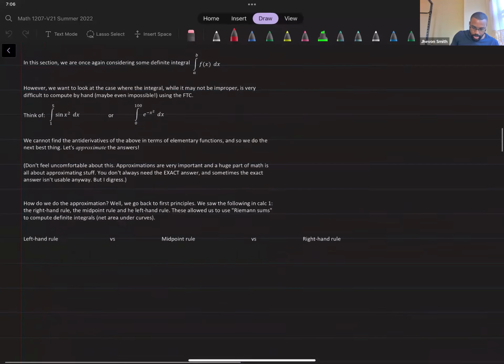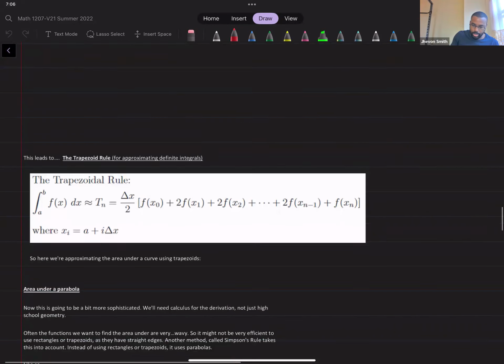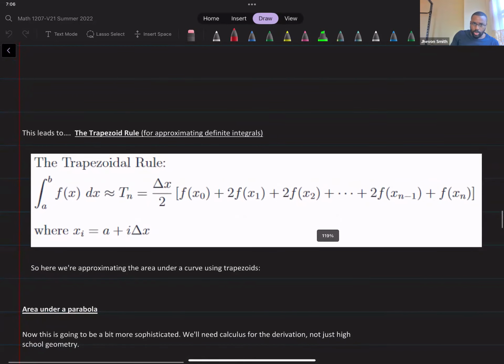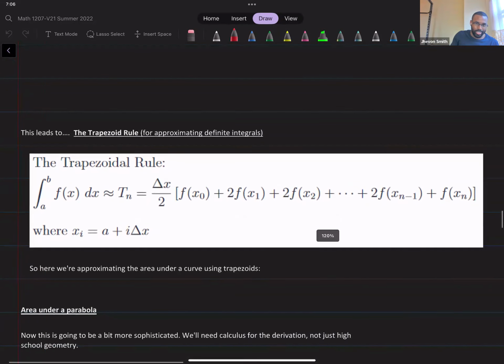At the end of the day, what you're going to need to know are these formulas, and you're going to apply them. There's very little calculus in it. It's like an algebra problem, but you're just using these formulas. But I do want to talk about it a little bit, and so that's what we shall do. Is everything okay? All right.